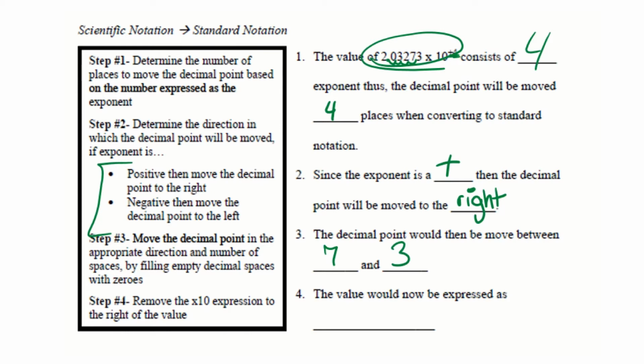Now the value itself is going to read with that new decimal place and by me removing the times 10 expression. So in other words, my value in standard notation is read as, okay, so that would be my actual value, which would be 20,327.3.